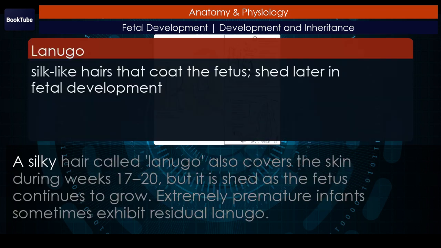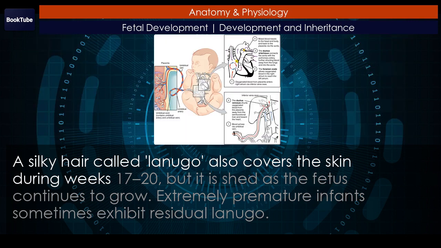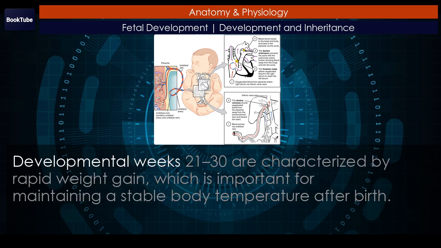A silky hair called lanugo also covers the skin during weeks 17 to 20, but it is shed as the fetus continues to grow. Extremely premature infants sometimes exhibit residual lanugo. Developmental weeks 21 to 30 are characterized by rapid weight gain, which is important for maintaining a stable body temperature after birth.